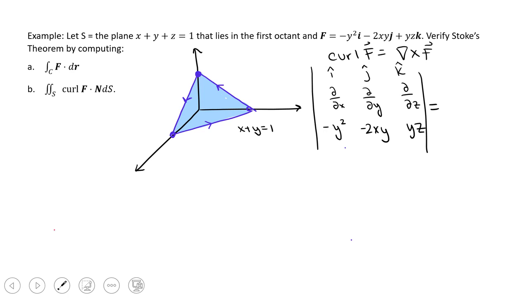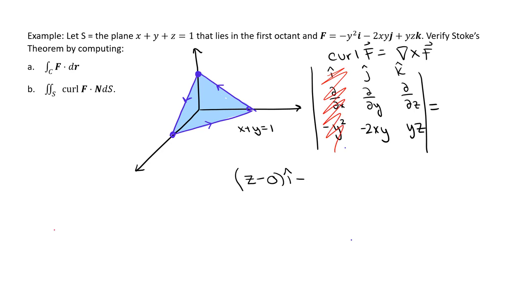So I'm going to use this determinant notation to help me compute the curl. You can think of the curl as your del cross F. So I just put in my partial derivatives, d/dx, d/dy, d/dz, and then I copied down the components of my vector field: negative y squared, negative 2xy, yz. Let me get my pen, and go through and find each of those.